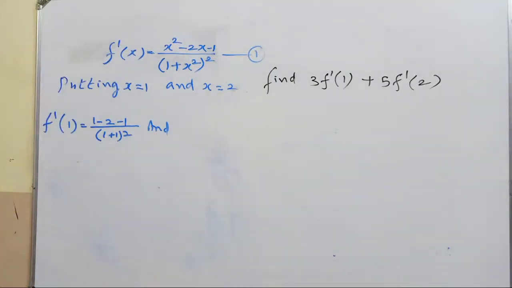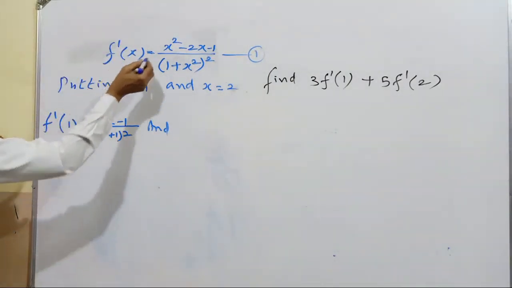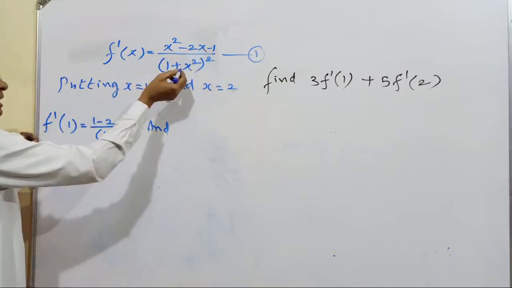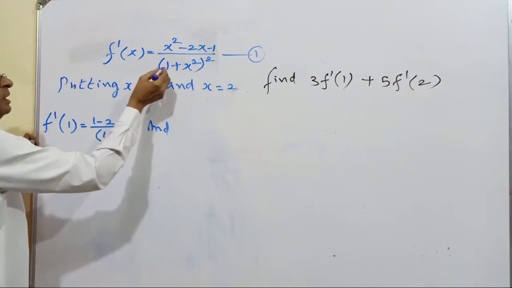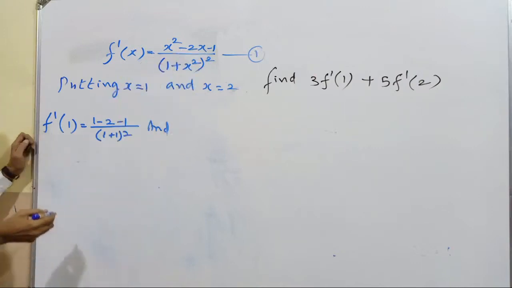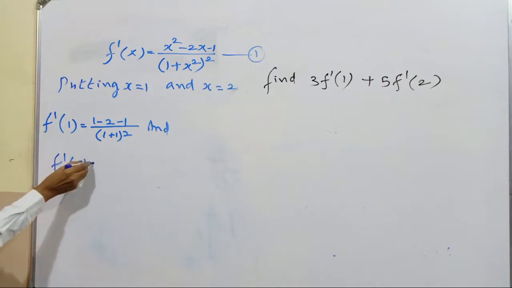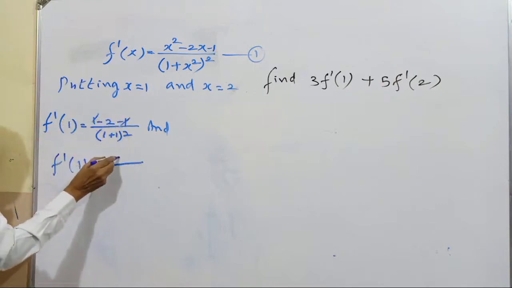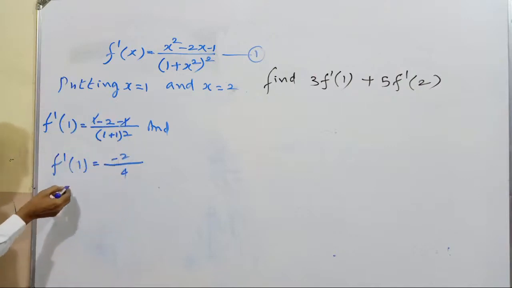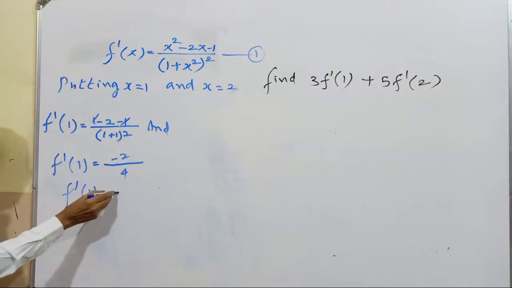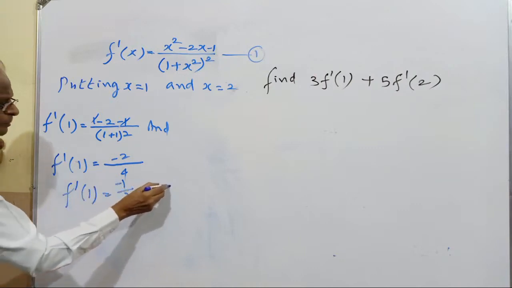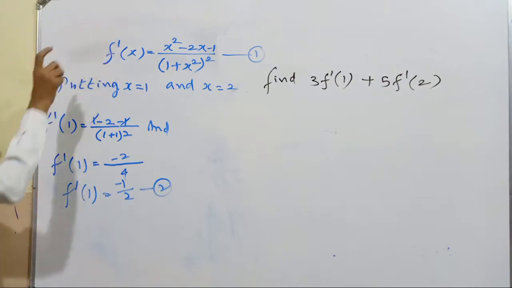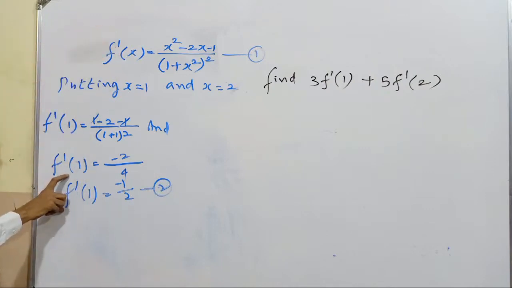If you put x equal to 1, x squared is 1, minus 2 into 1 minus 1, 1 plus 1 squared. This is minus 2 by 2 whole square, it is minus 1 by 2. This is the general dy by dx, and this is the particular dy by dx at x equal to 1.